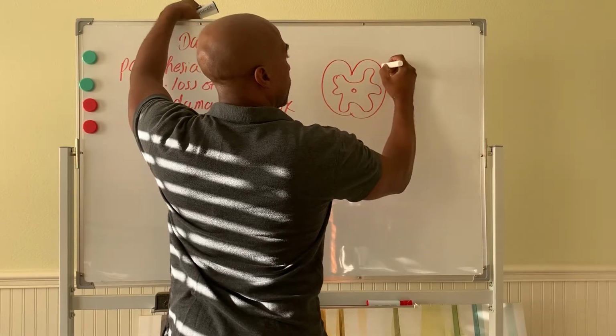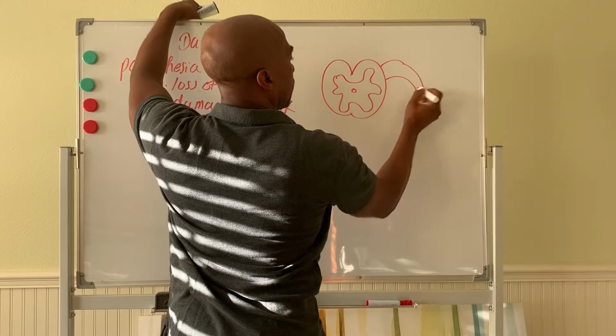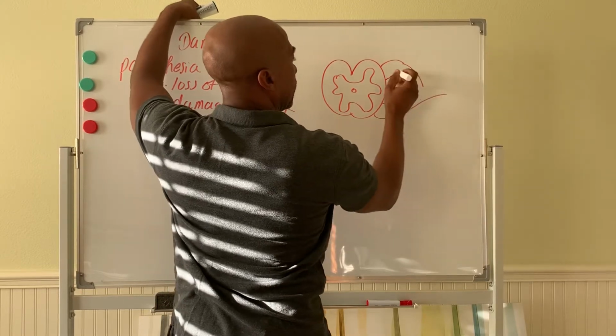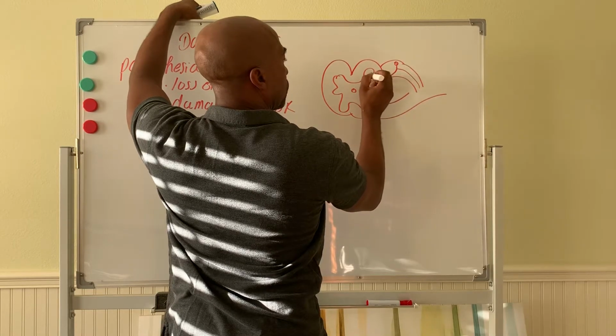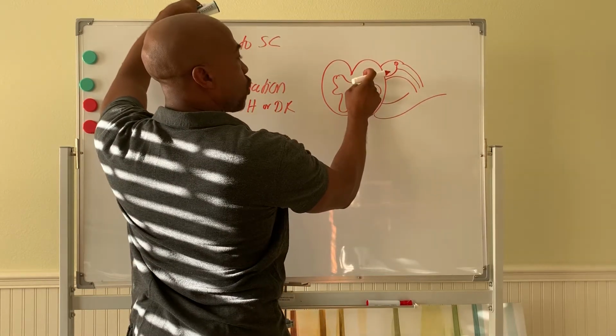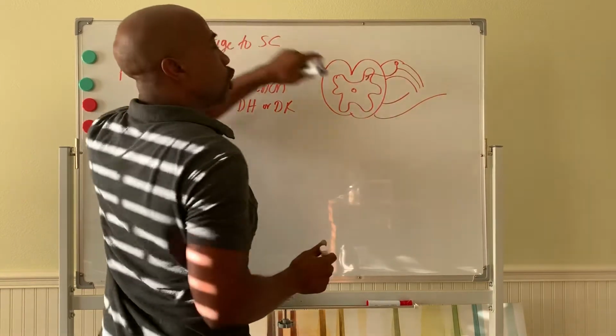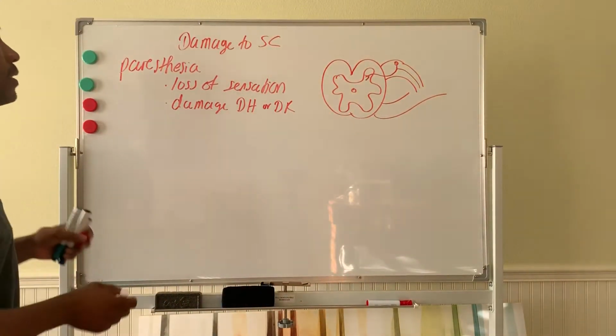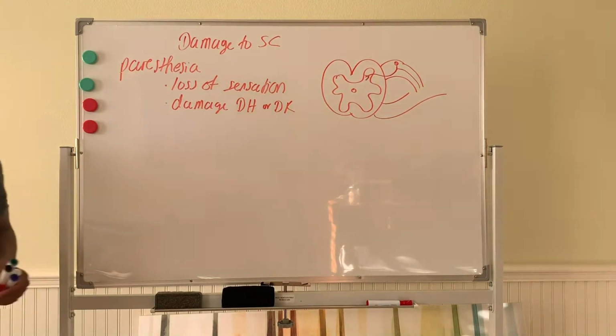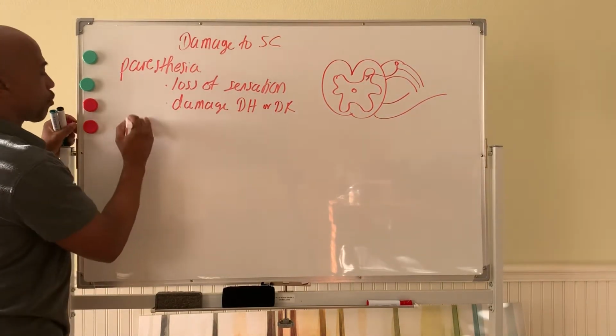So here is your sensory neuron. When you damage this here, the dorsal horn or the dorsal root, you lose that incoming sensory information. That's called paresthesia.